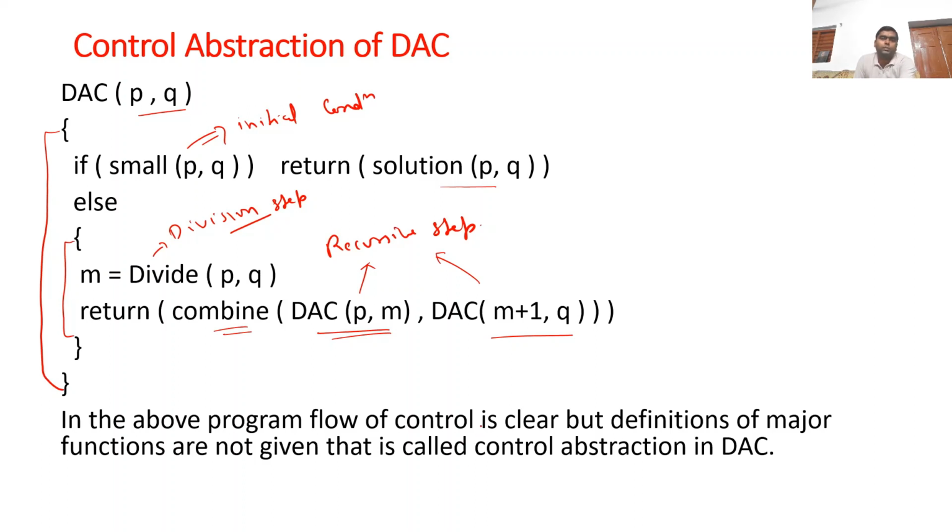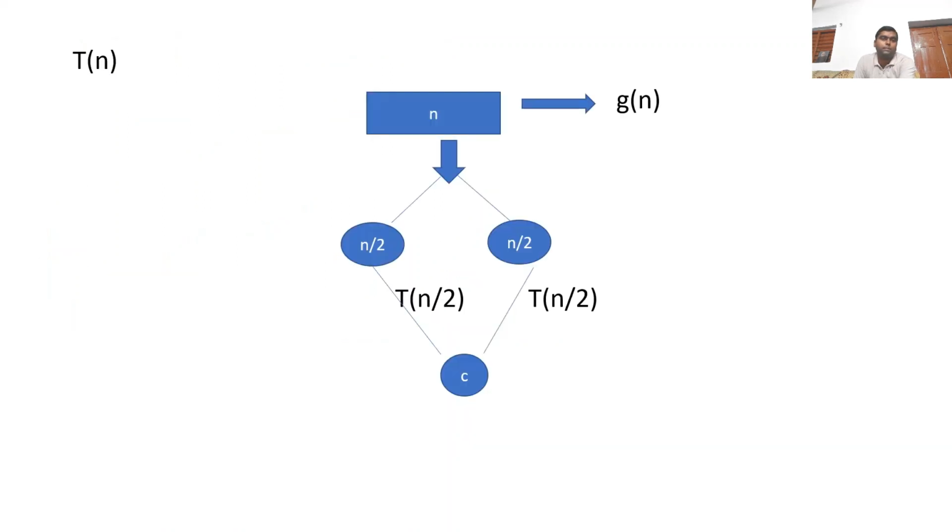Now let us move to some different things related to DAC in the actual implementation part, so that you will be comfortable. Let T of n be the time required to solve a problem of size n. If the problem is small enough, it takes g of n time, where g of n may be some constant time.